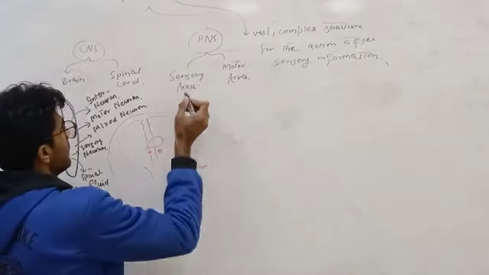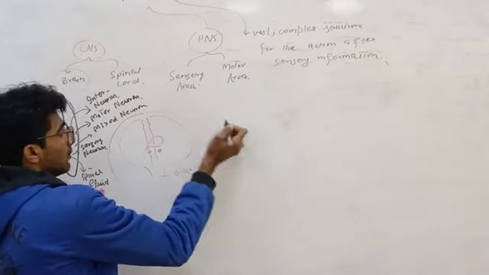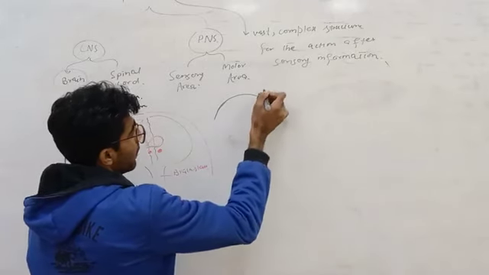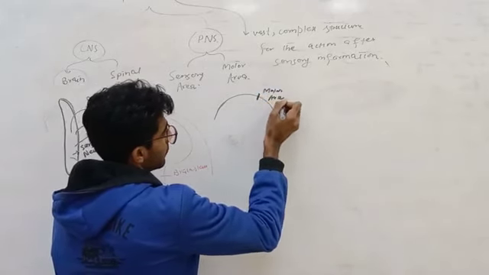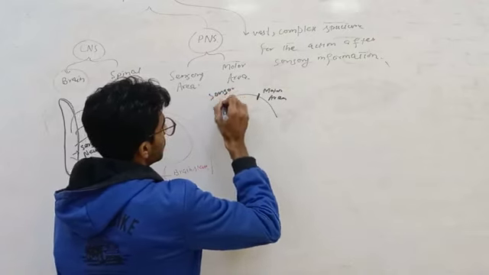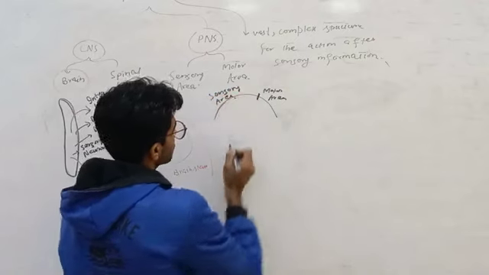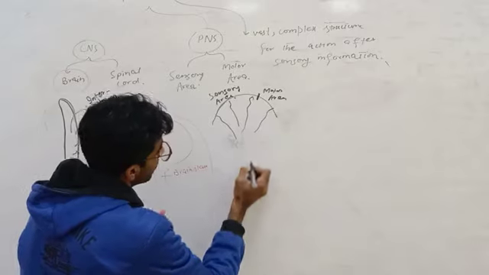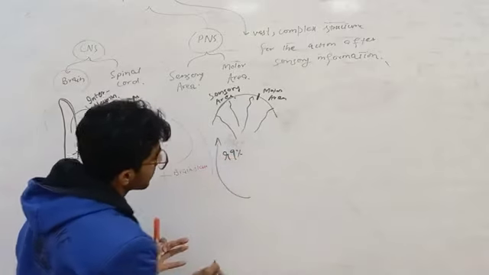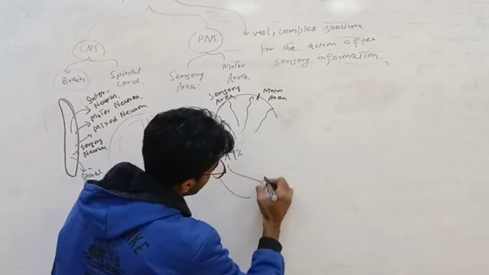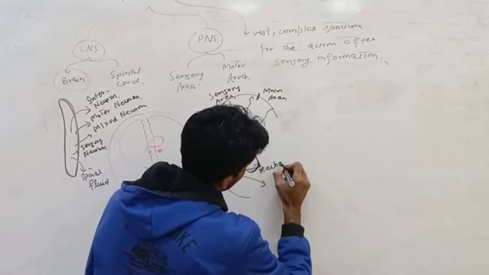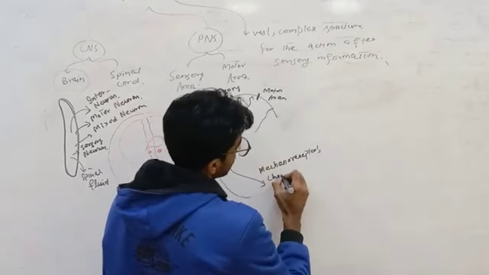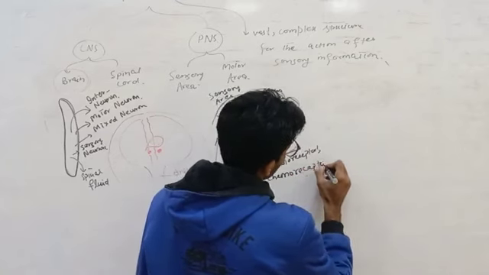Now, sensory information. Suppose we divide the brain into two regions. One is the motor area, another is the sensory area. This sensory area stores 99% of the information from the receptors: mechanoreceptors, chemoreceptors, thermoreceptors.